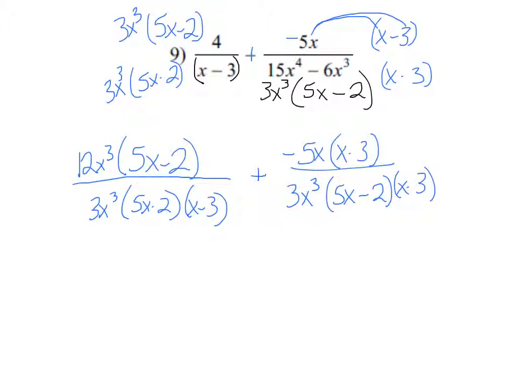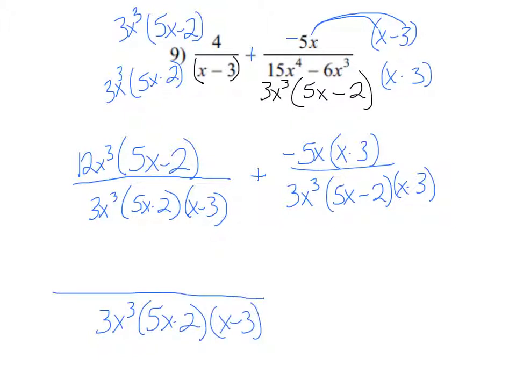All right, so let's distribute and write this all as one big fraction. So my common denominator is 3x cubed, 5x minus 2, x minus 3. My numerator's going to distribute. It's going to be a 60x cubed minus 24. Oops, that's going to actually be an x to the 4th there.